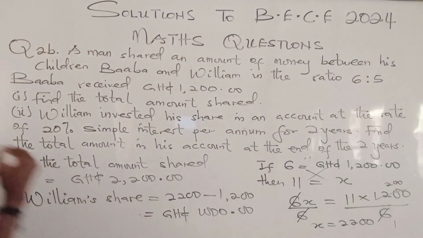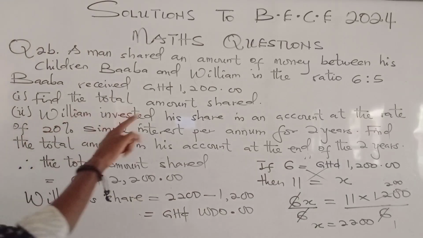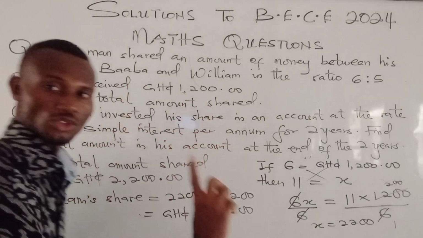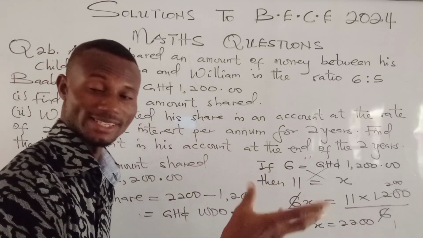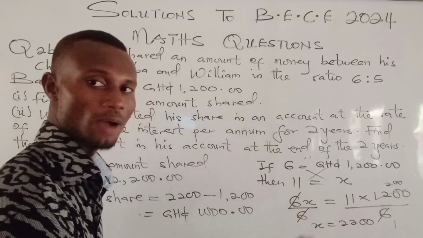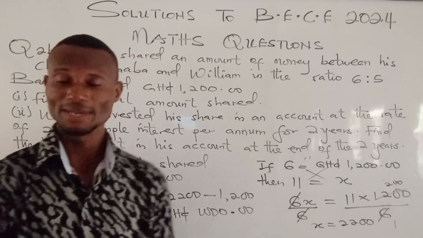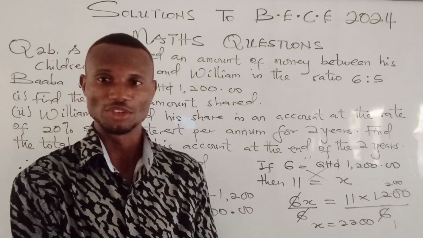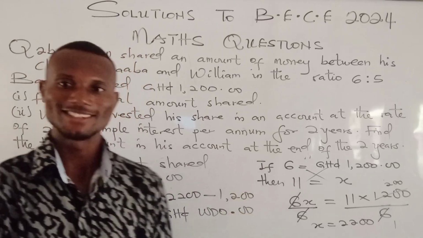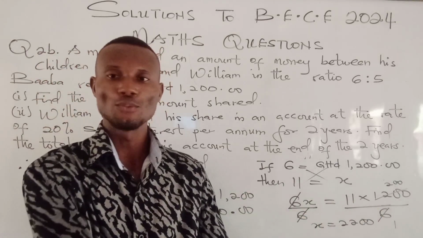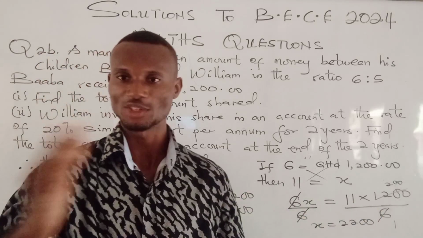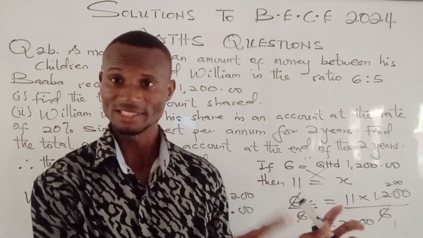Now, the II says that William invested his share. So that share that William invested is 1,000 Ghana cedis. Now, under simple interest, the amount that you invest with the hope of getting an interest on it, we call it principal.